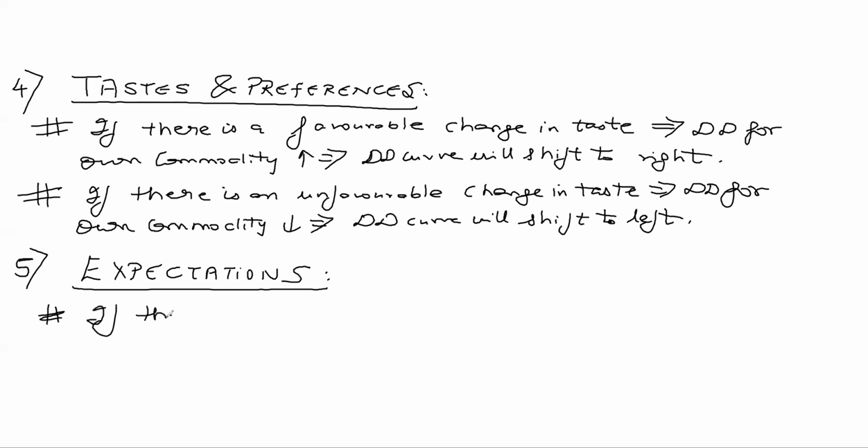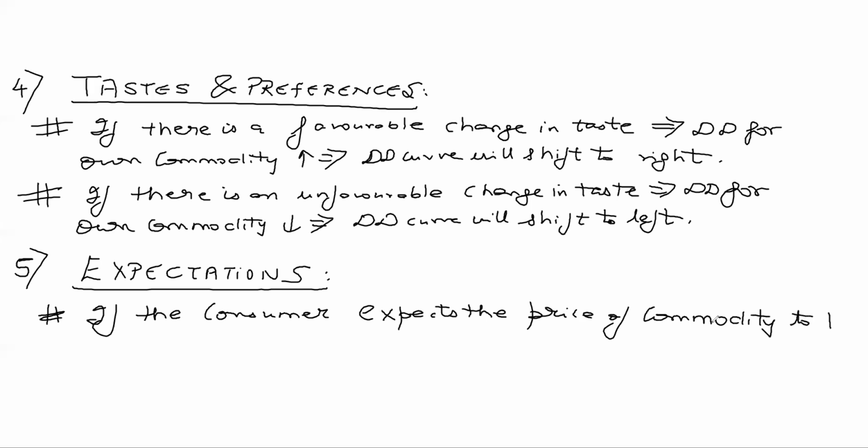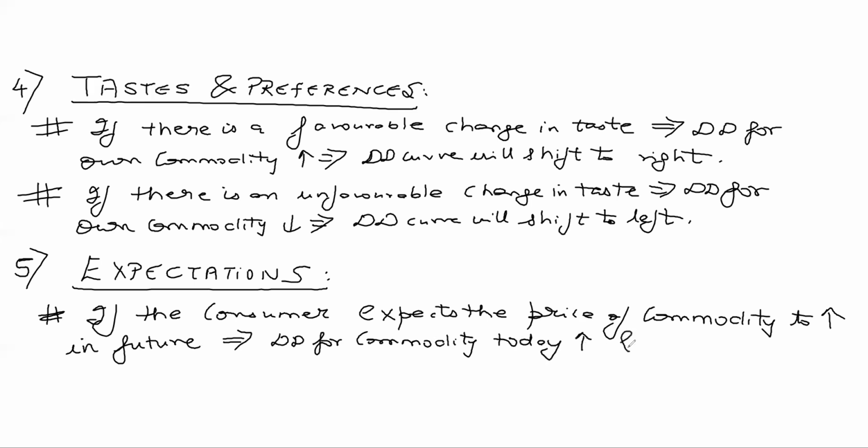If the consumer expects the price of the commodity to rise in the future, demand for the commodity today will increase and the demand curve will shift to the right.